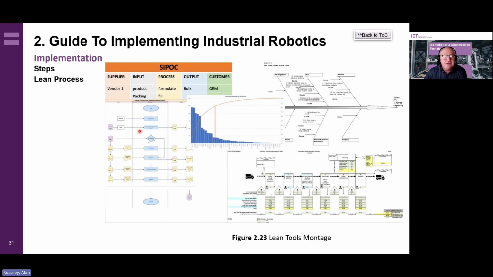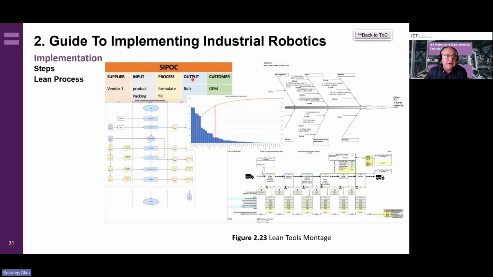Other tools that they might use would be a Pareto diagram of defects and the causes of those defects, which sum up to 80%. So using this Pareto analysis, you can identify the defects that are causing 80% of your problems and focus on them first in a structured way.